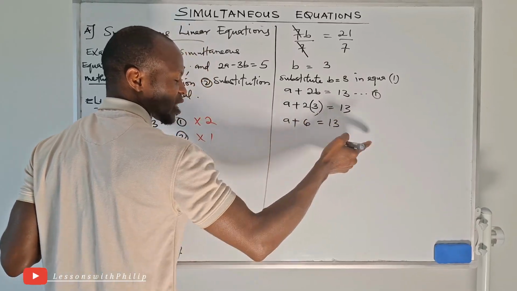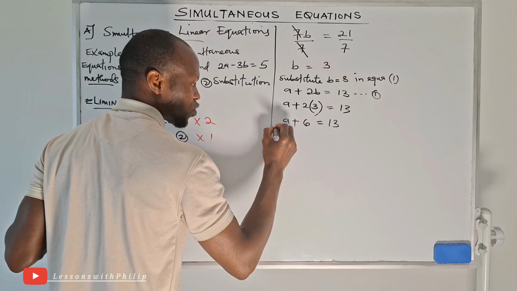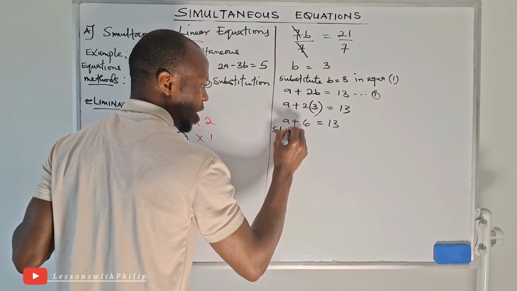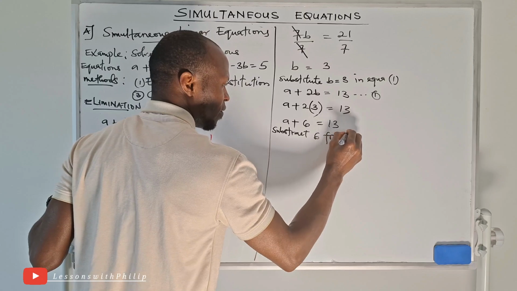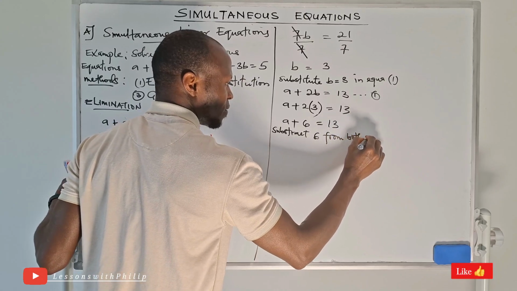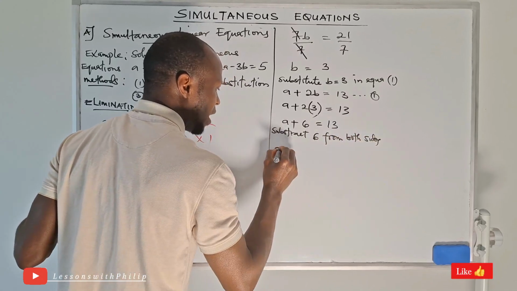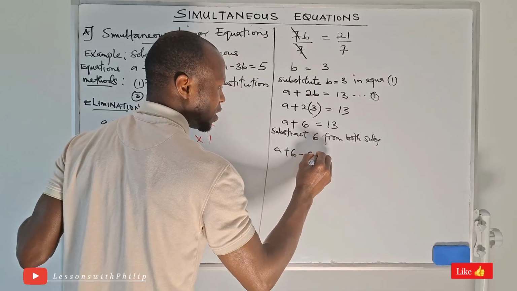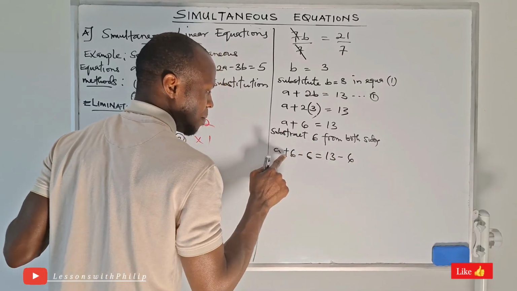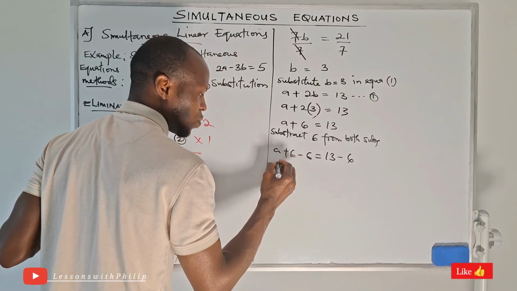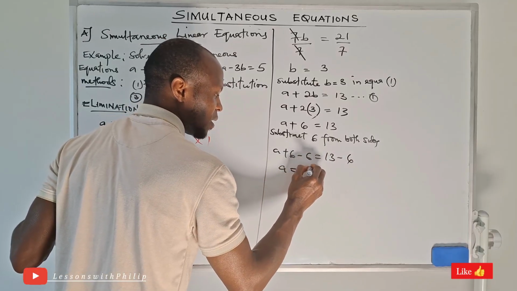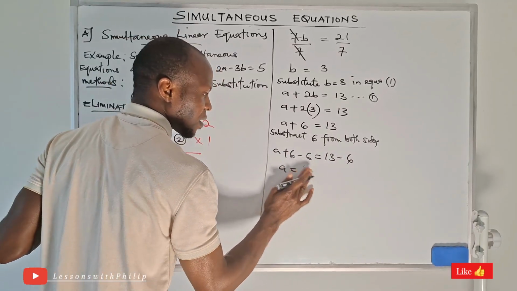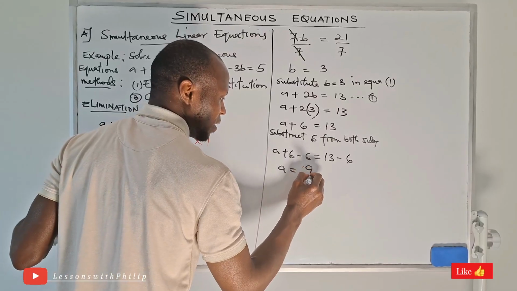If you subtract 6 from both sides, so you have a plus 6 minus 6 equals to 13 minus 6. Plus 6 minus 6 will be 0. So we have a equals to 13 minus 6 will give us what? 9.